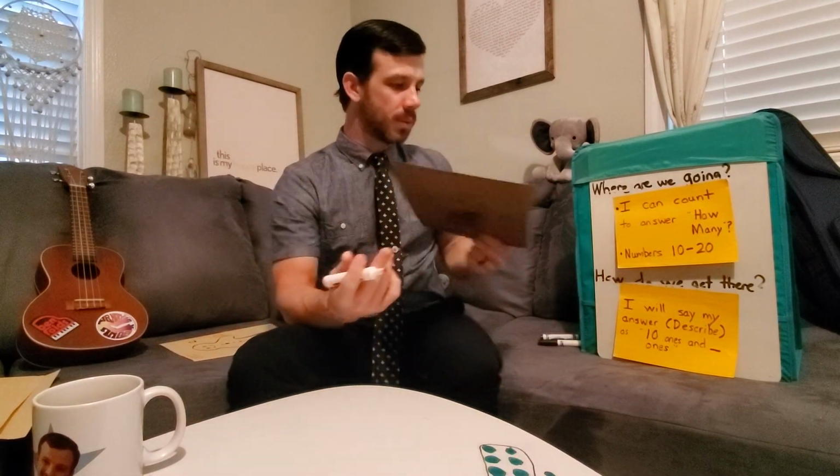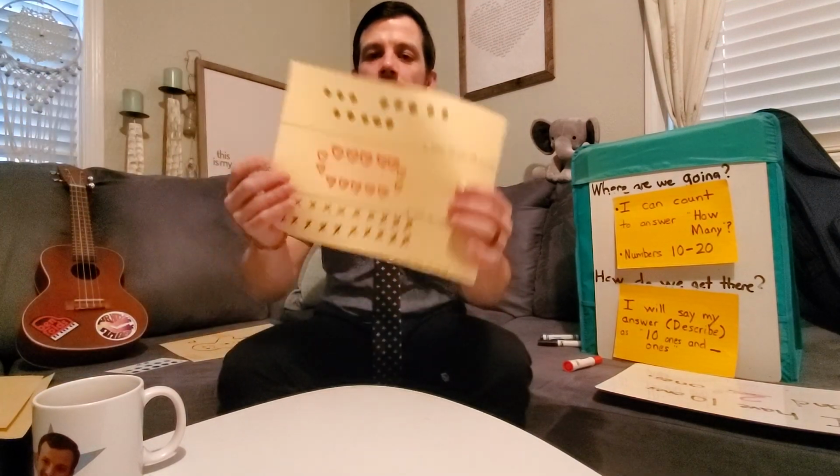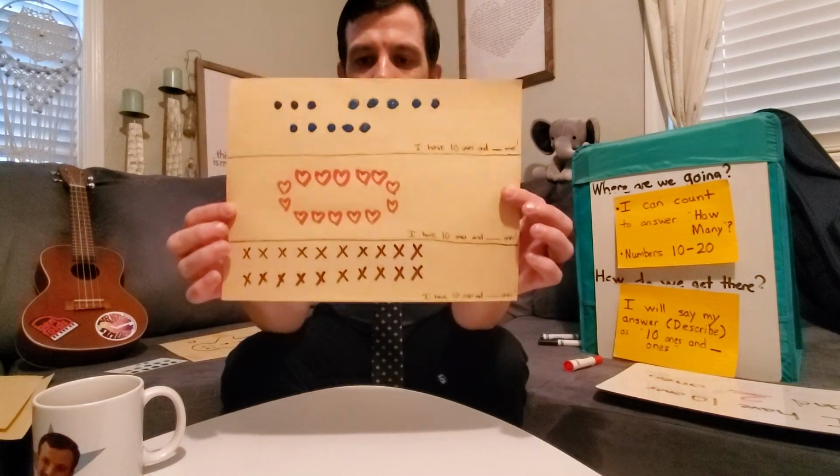Now, that picture was kind of easy for us to figure out because they drew our dots like a 10 frame. But what if our pictures are all spread out? Do we know how to get through a picture like that? We have strategies that we can use, right? We can touch and count. You're exactly right. We can touch and count. So I want you guys to take a look at these pictures with me right here, all right?